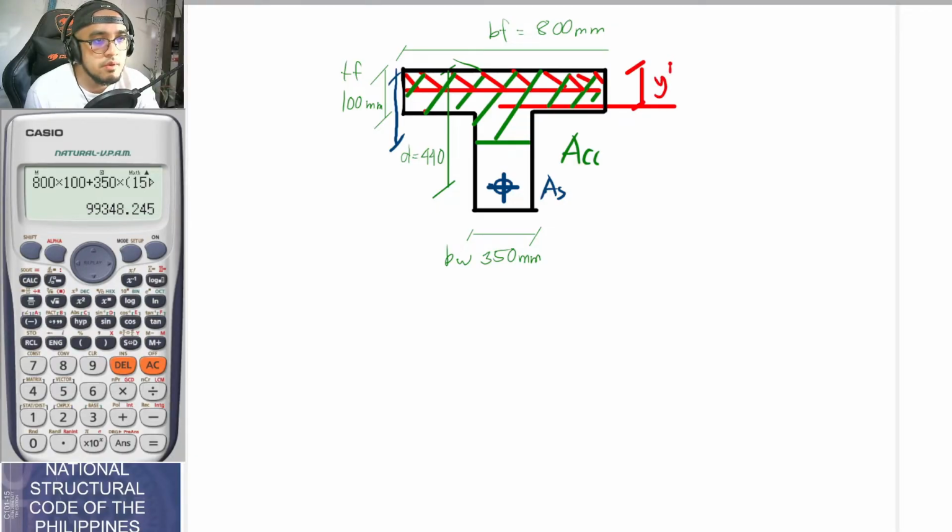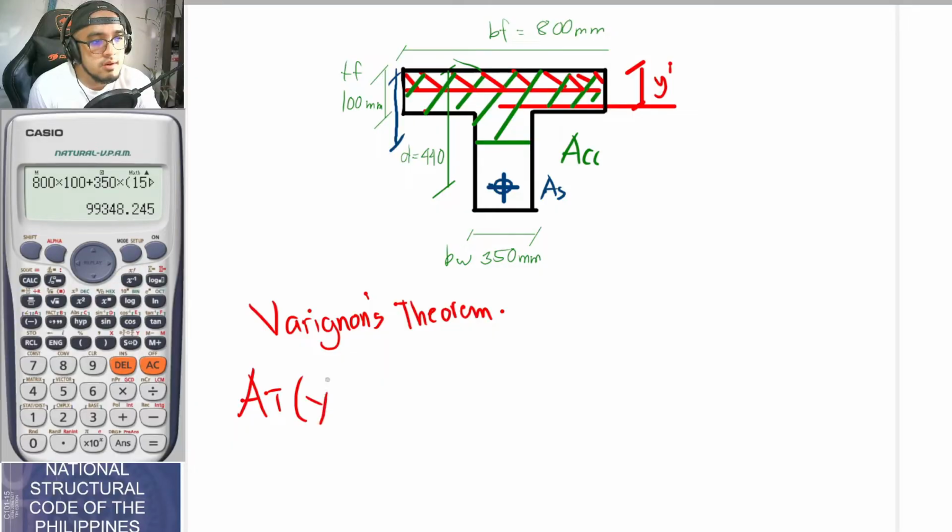Okay, so for your Y prime, via Varignon's theorem, that is the total area times Y prime. So we would be using this line as our reference point or our lever arm of sorts. So this is basically the moment of area.